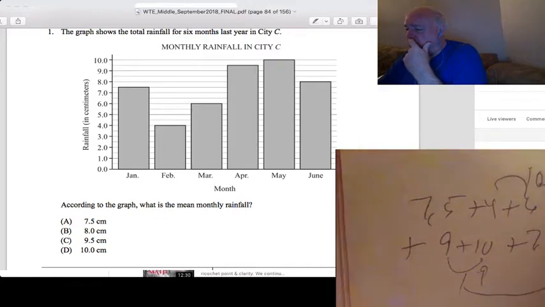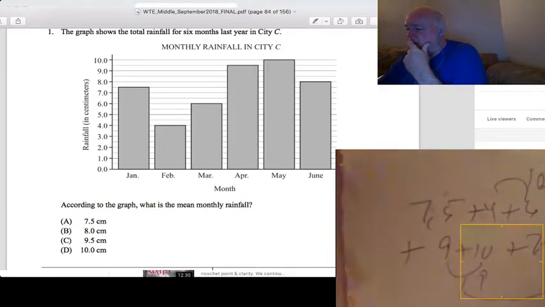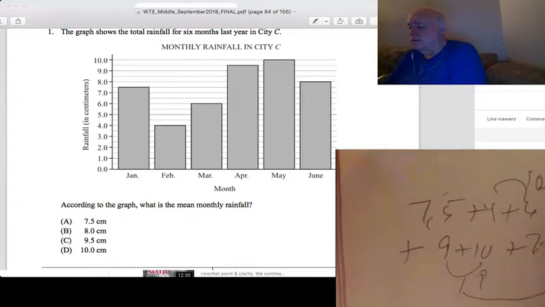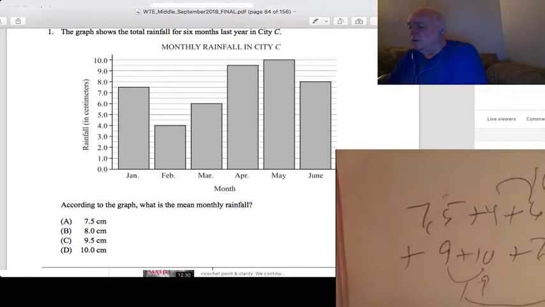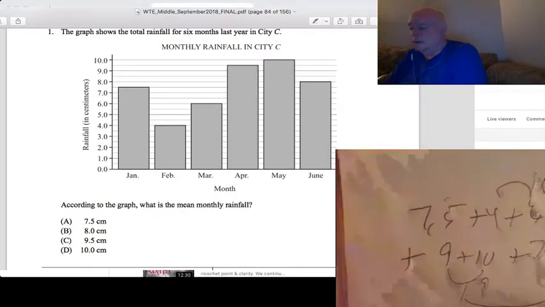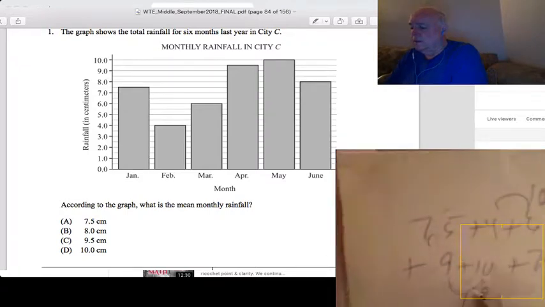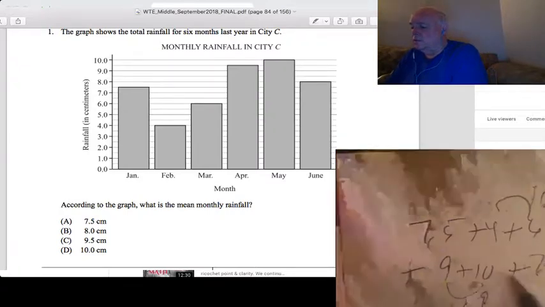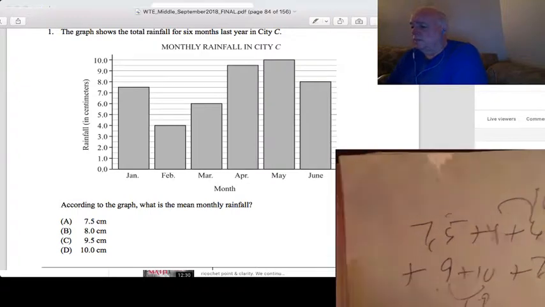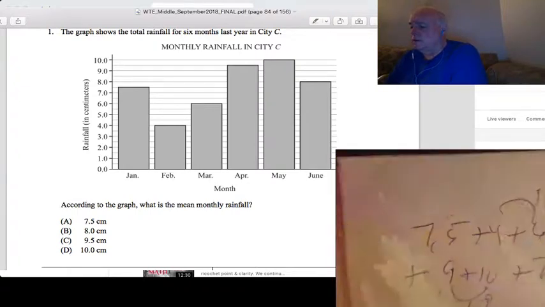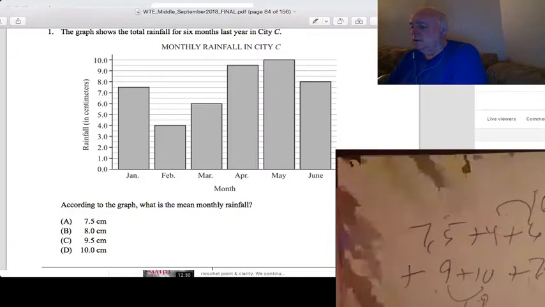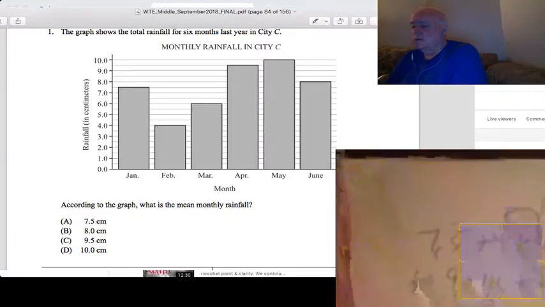So we have 44. If I did that right, let me divide it by 6. 6 times 7 is 42.